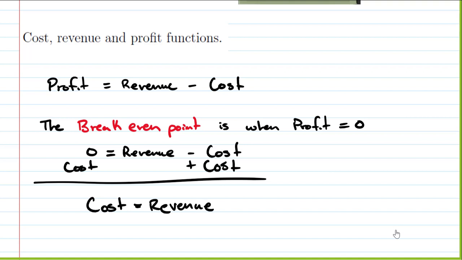So if we're ever asked to find the break-even point for something, we would set our profit equal to 0 or set our cost equal to our revenue and solve the resulting equation.